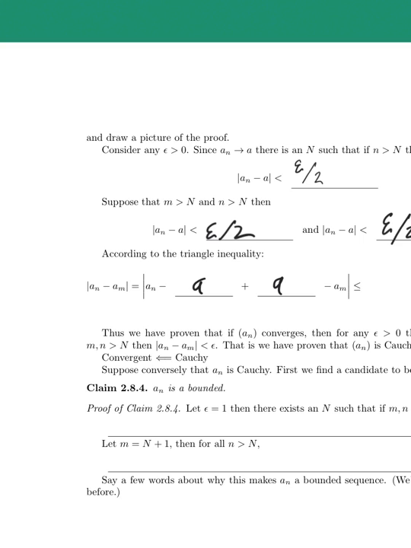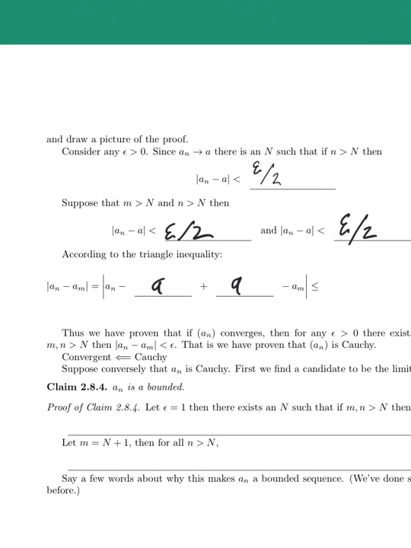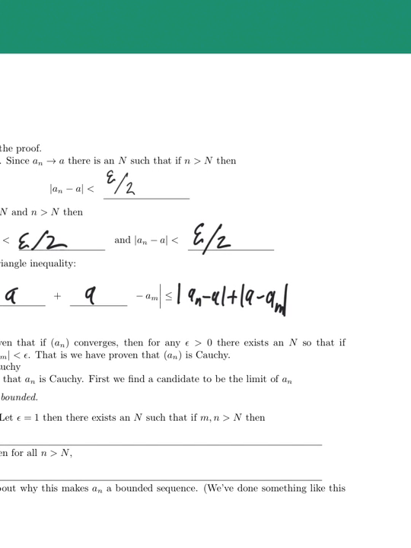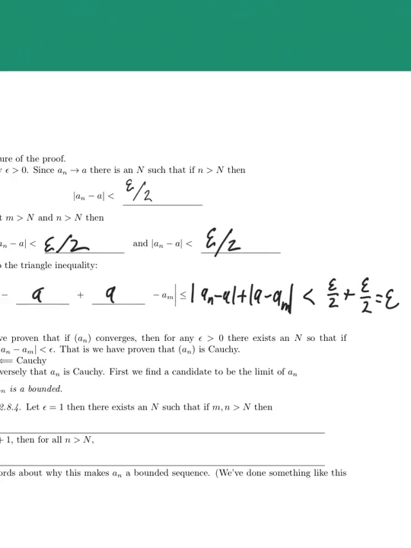That's clearly equal, since I've added and subtracted a single thing. By the triangle inequality, that's less than or equal to the distance from a sub n to a plus the distance from a to a sub m. By the line above, that's less than epsilon over 2 plus epsilon over 2, which is epsilon.